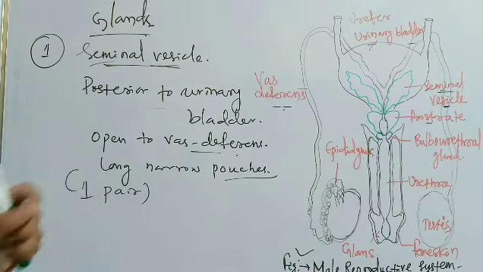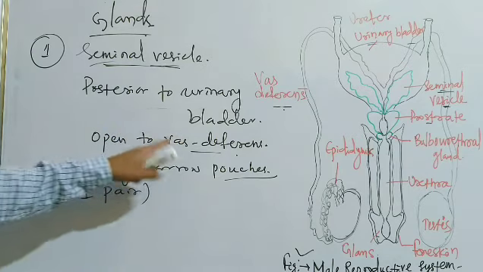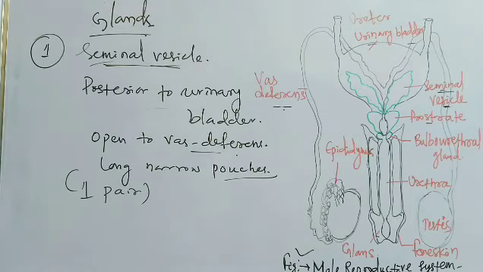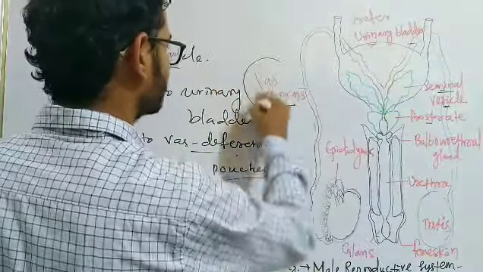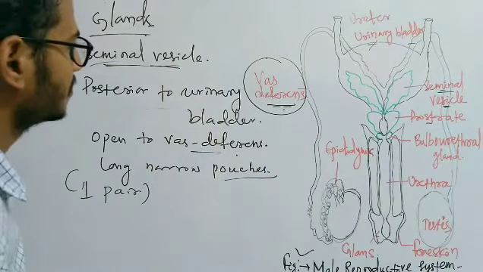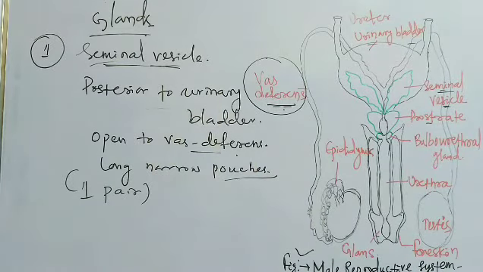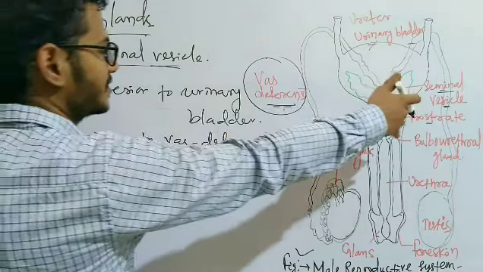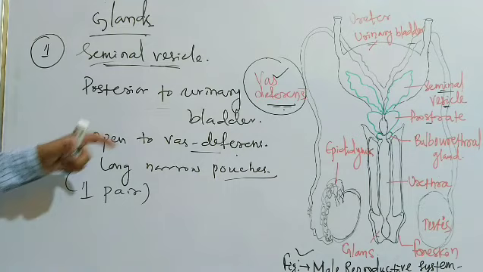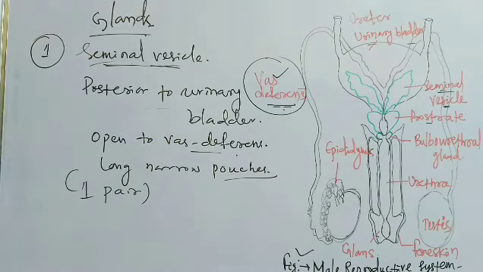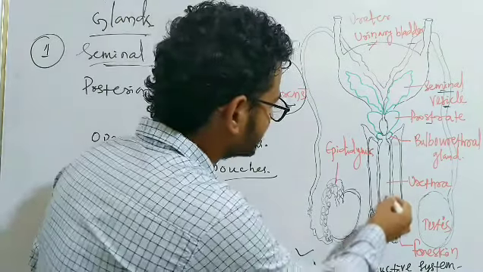Each gland has a short duct that joins with the ductus deferens, or the vas deferens, at the ampulla to form the ejaculatory duct. The vas deferens is also called the ductus deferens, and when the seminal vesicle joins the vas deferens, it forms the ejaculatory duct, and it empties into the urethra.